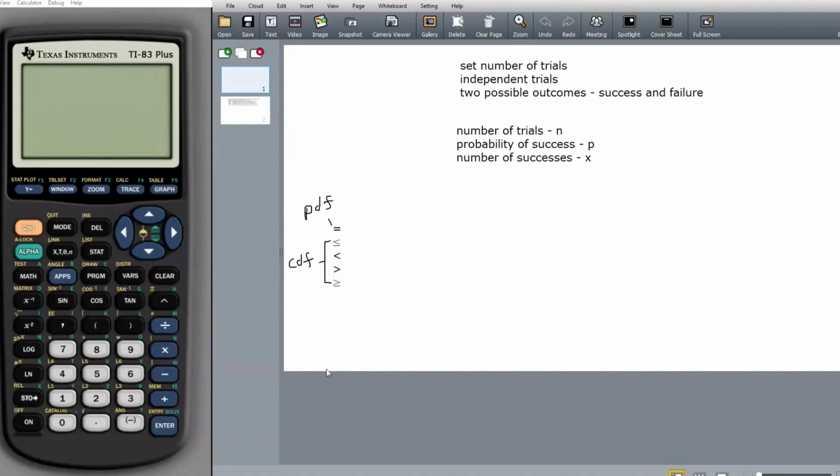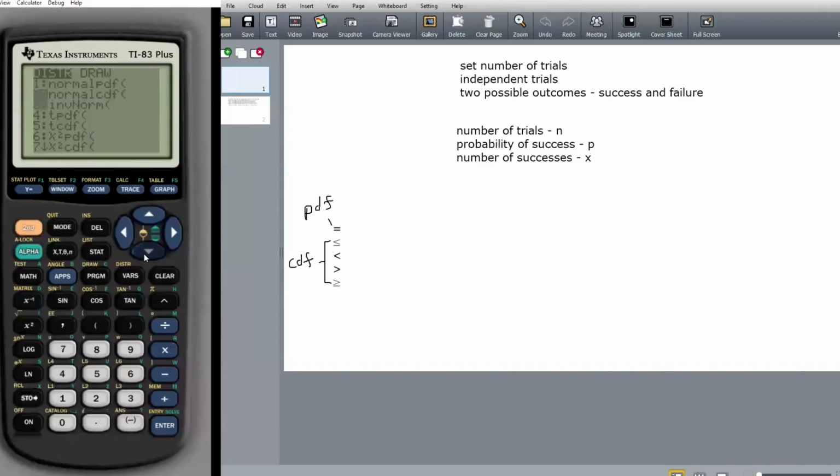Both the binomial PDF and CDF functions can be found in my distribution section of my calculator. To get to that, I can press second and then vars and scroll down to either binomial PDF or binomial CDF.